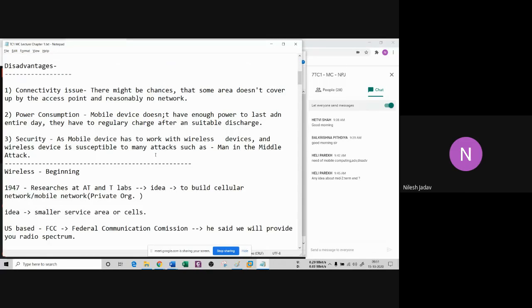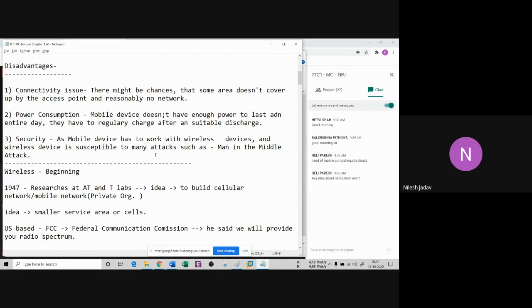And the third disadvantage we have, you see, is that the whole cellular network is using wireless network. And mostly if you are dealing with any wireless network, then there are so many attacks available. The most common attack is the man in the middle attack, or any kind of sniffing attack. We can perform authentication and authorization on the go.